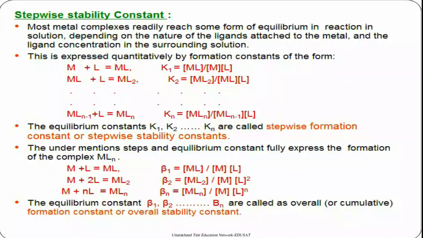The equilibrium constants K1, K2 up to Kn are called stepwise formation constants or stepwise stability constants.